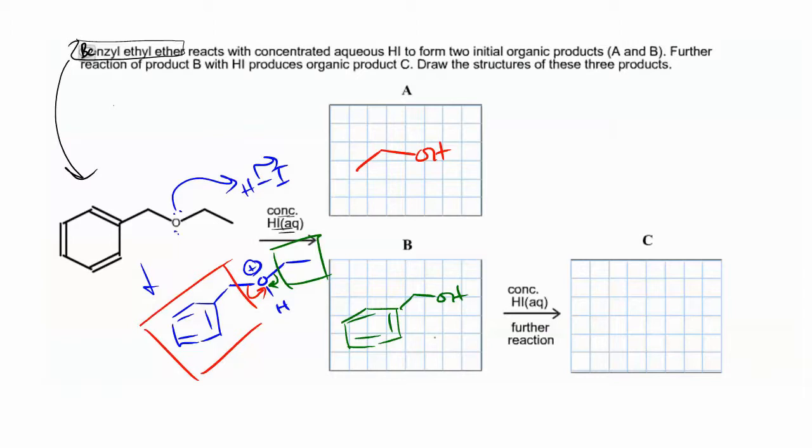Now in this scenario we have to switch these around because we're going to do an SN2 reaction on this. The reason we're putting this one down here as opposed to this one is because an SN2 reaction will not readily occur here.